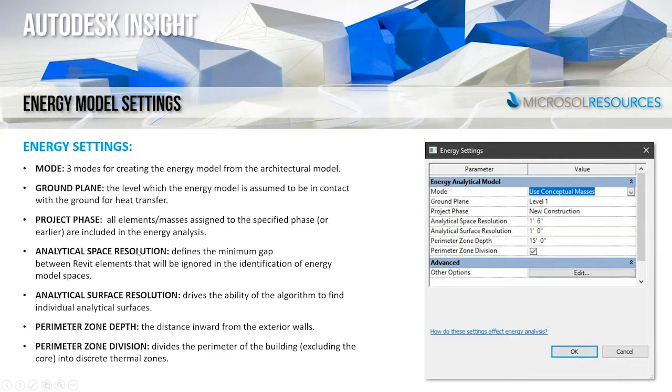The analytical space resolution, this setting right here. Both the analytical space resolution and the analytical surface resolution are parameters that provide important information used by the algorithm that generates the energy model. The default values for these parameters provide an optimum balance between energy model accuracy and processing time for most Revit models.